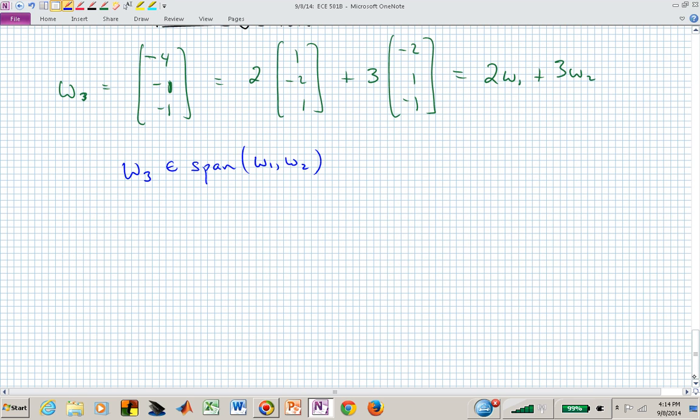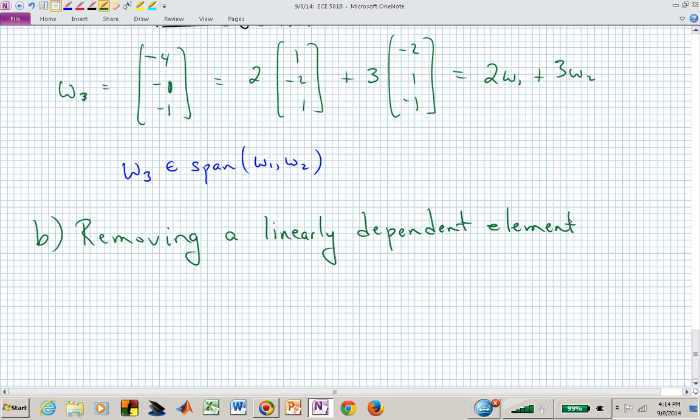A second piece of the linear dependence lemma, or another way of looking at it, is that removing a linearly dependent element from the list obviously produces a new list.